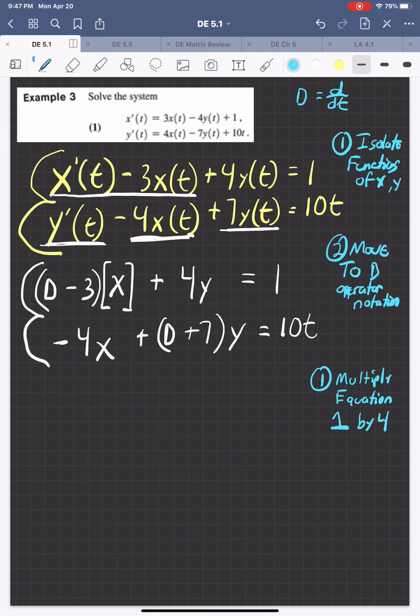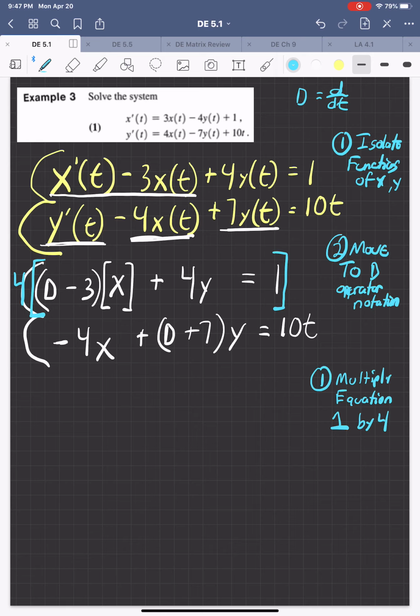Okay, and we'll go ahead and do that first. Okay, so in that case, you can just imagine a 4 being distributed across that first equation. Okay, and that's fairly easy.